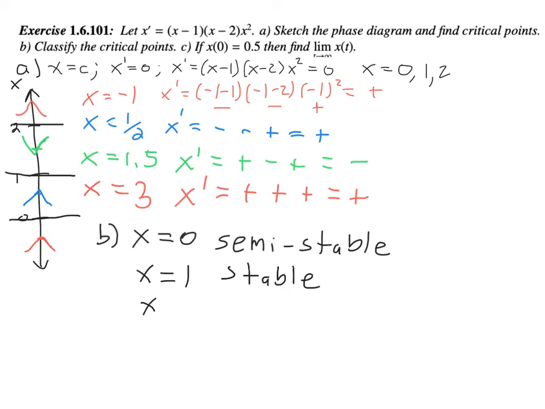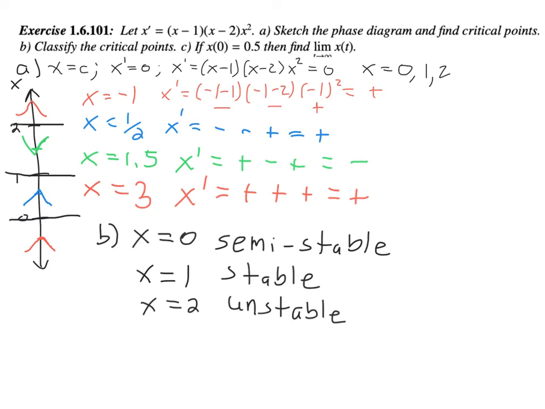And then the last equilibrium was at 2, and this equilibrium is unstable, because if we start above 2, those are going to head away. If we start below 2, they're going to head down towards the equilibrium at 1. So this would be an example of an unstable equilibrium.